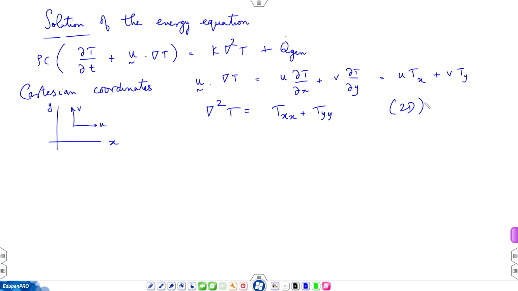And q generation, this will be a prescribed quantity. Okay. So, now this is a second order partial differential equation. So, you will require initial and boundary conditions.